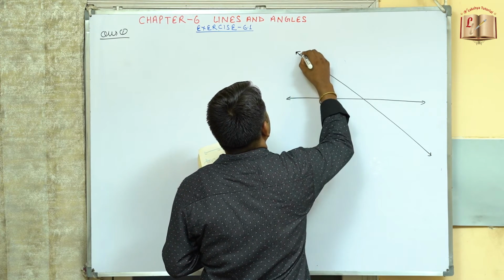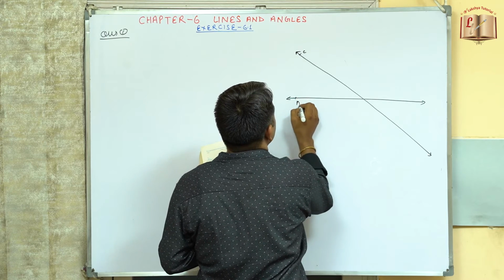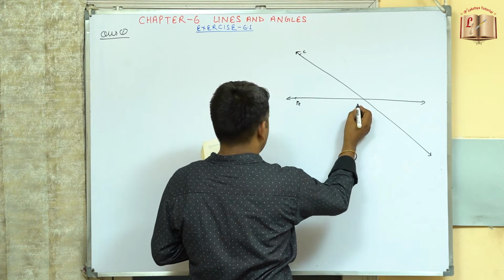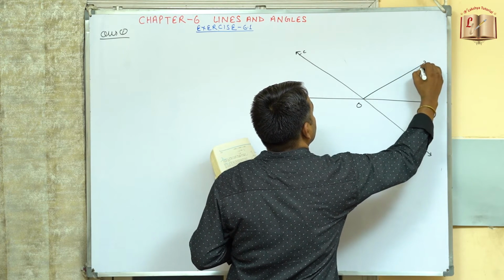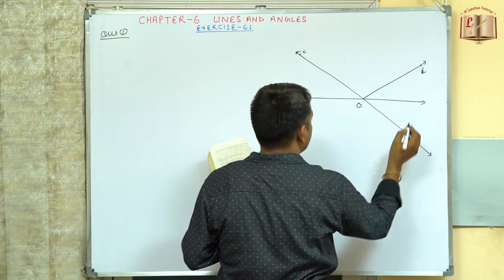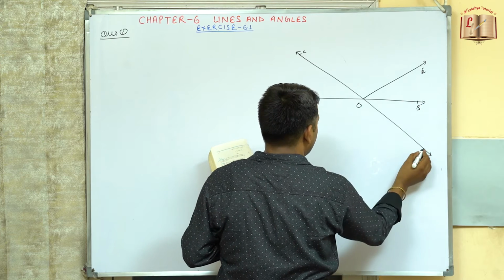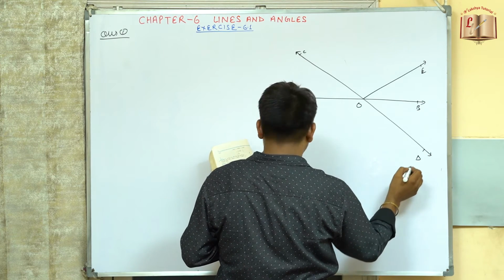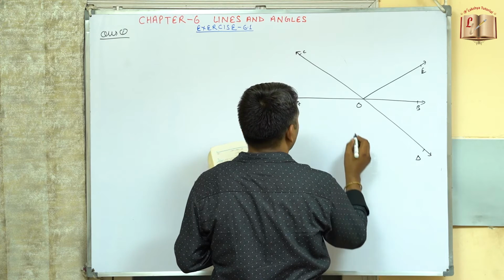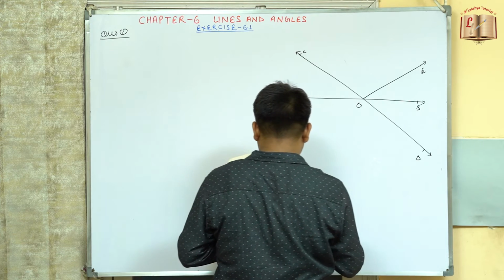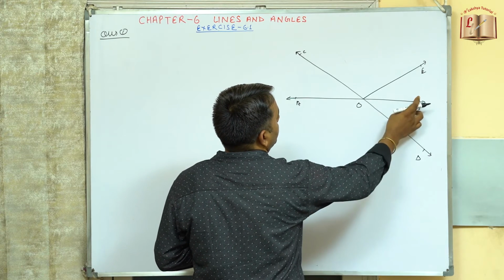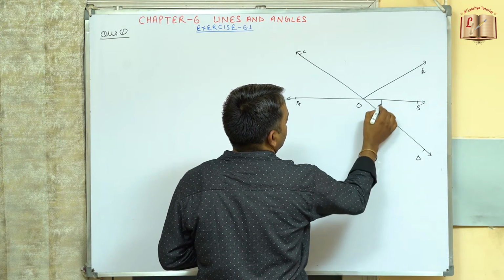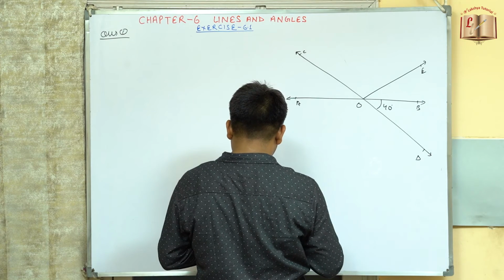This point is C and this is A, this point is O, and from here this point is E, and this is B, and this is D. Angle BOD is already given to us. This is 40 degrees.